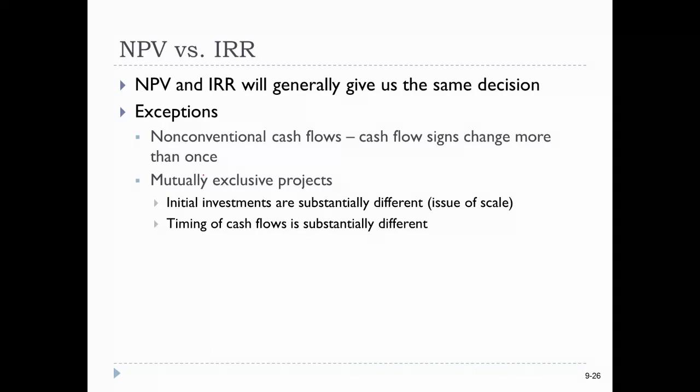One of the exceptions has to do with what's known as non-conventional cash flows. What this means is it refers to a situation that might look something like this, where you have cash flows both incoming and outgoing over the life of the project.